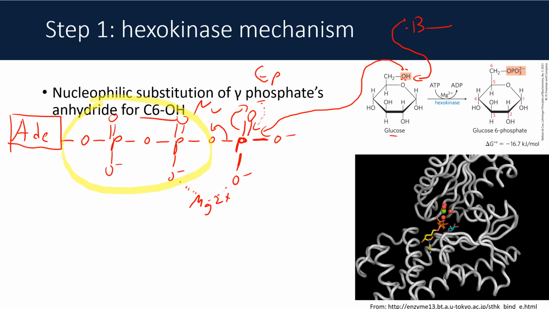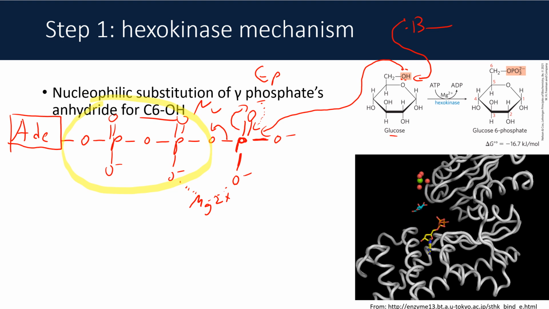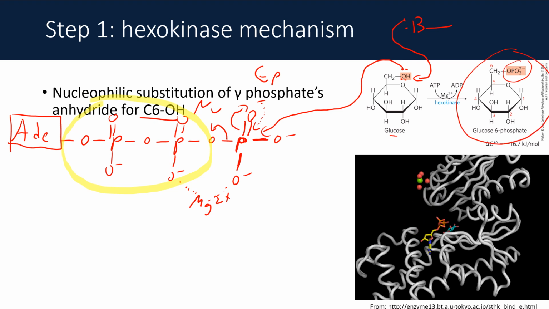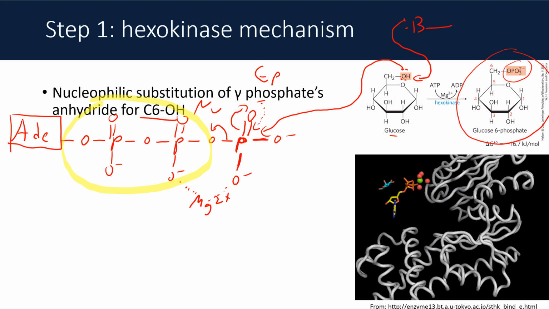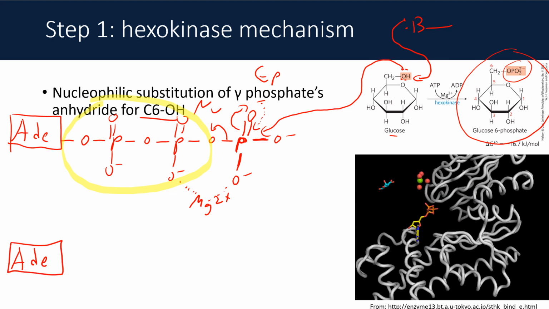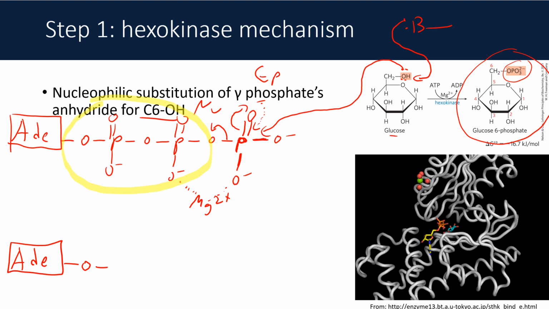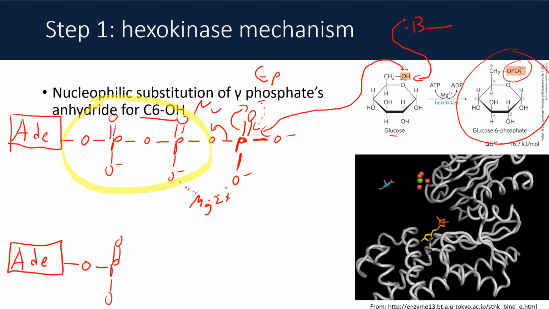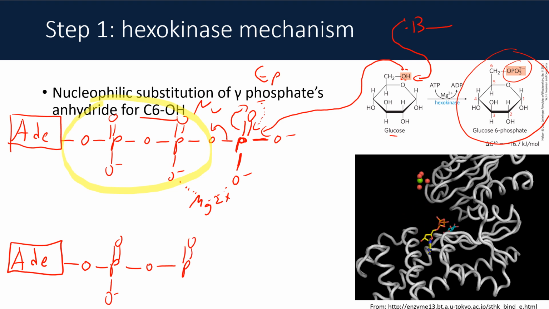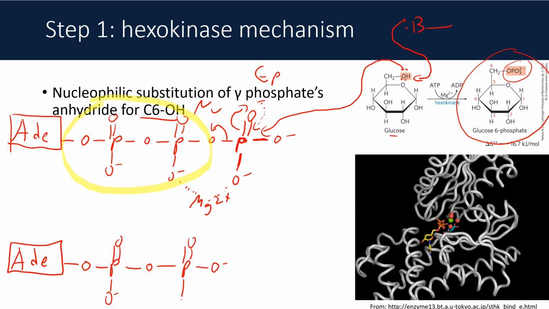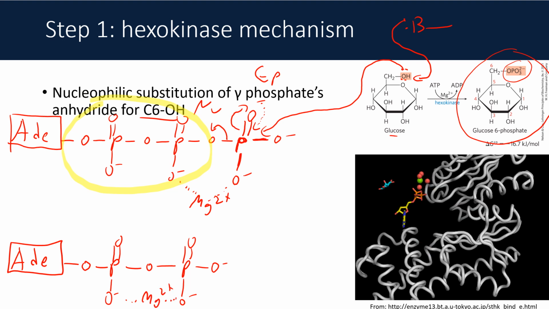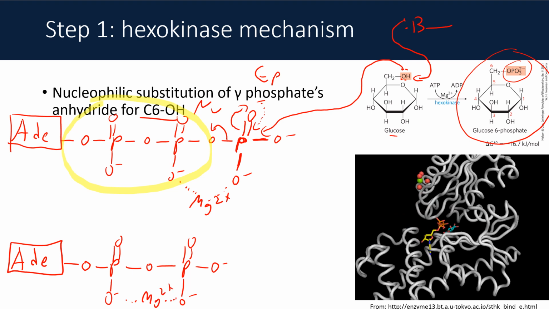We transfer that gamma phosphate right over there on G6P, and what gets left behind is ADP. With Mg2+, of course.